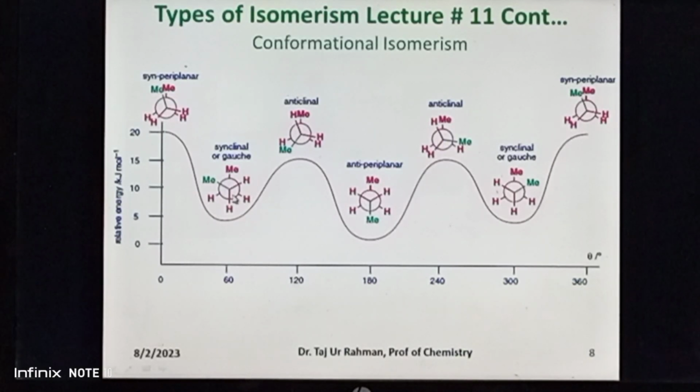The gauche staggered or skew conformers are the third most unstable conformers with 3.7 to 4.1 kilojoule per mole energy barrier if the butane is in gas phase, and 2.3 to 2.4 kilojoule per mole energy barrier if the butane molecule is in liquid phase.